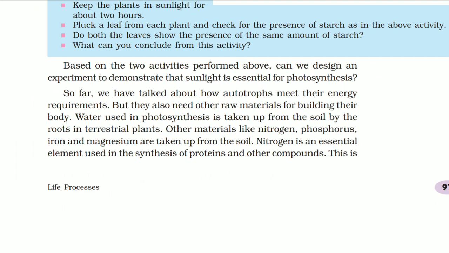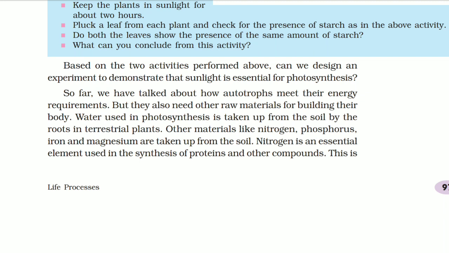So far we have talked about how autotrophs meet their energy requirement, but they also need other raw materials for building their body. Water used in photosynthesis is taken up from the soil by the roots in terrestrial plants. Other materials like phosphorus, iron, magnesium are taken up from the soil by the roots, right?